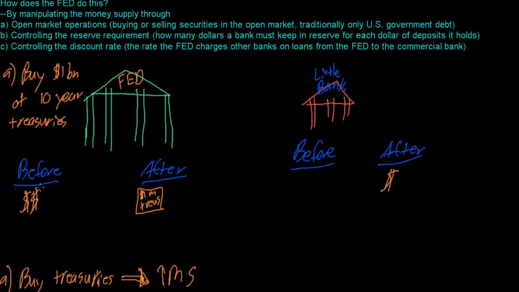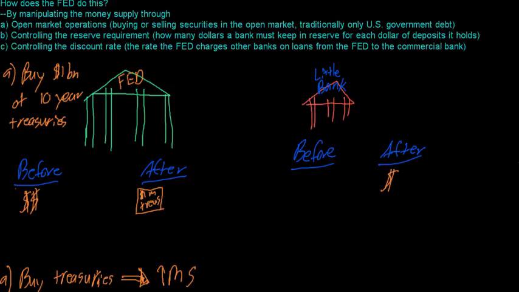And the Fed doesn't deal with any person, it only deals with banks. So these dollars were really just sitting in a vault that no one could touch. And the bank had treasuries, which the bank was just holding on to. It wasn't going to lend those out to anyone or do anything with them. So after the Fed bought the treasuries from the bank, the Fed gave the bank dollars. So now the bank has more dollars than it did before, and those dollars are going to get lent out to someone. So that's an increase in the money supply.